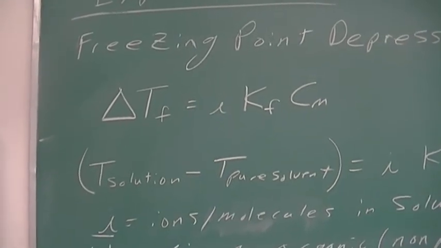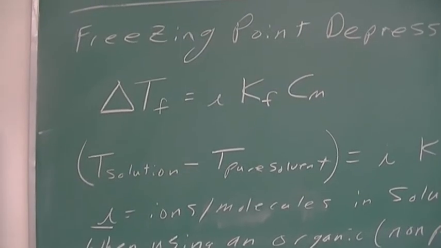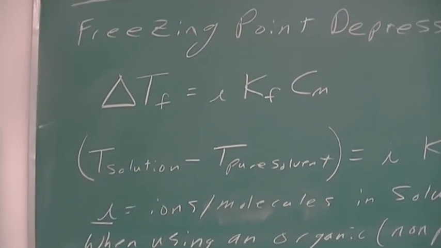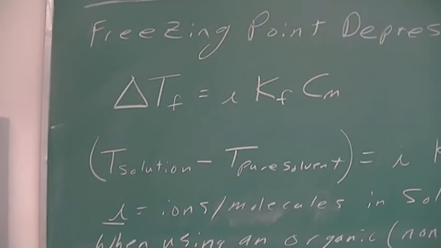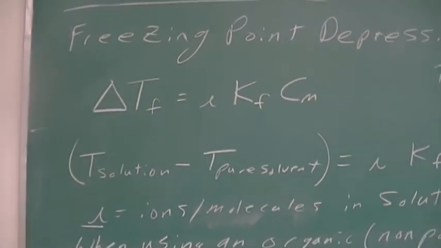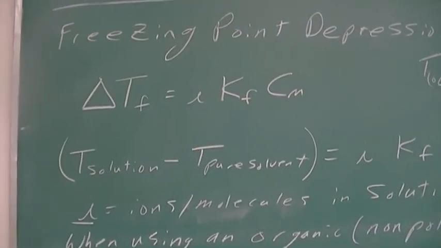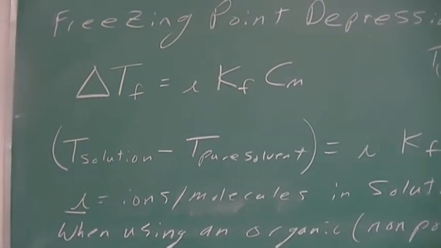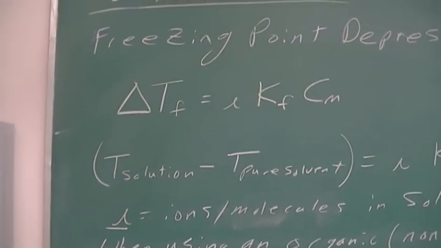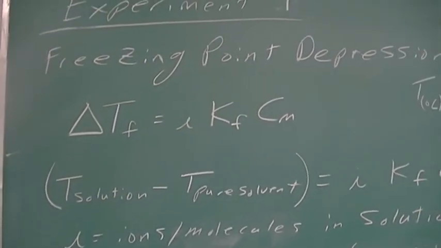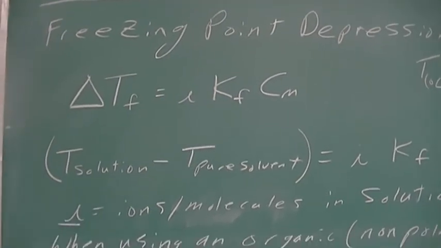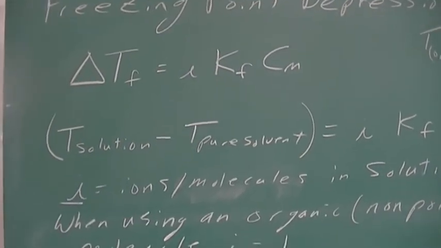If you put something in the water, like salt, the freezing point is going to be lower, okay? The amount that it goes down by is your delta T sub F, your final minus initial.